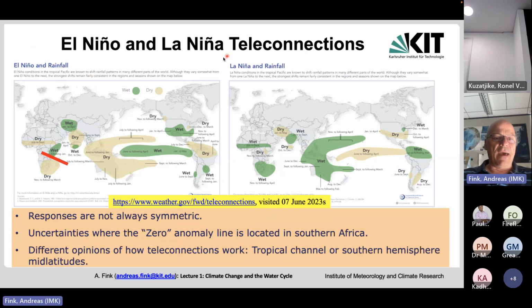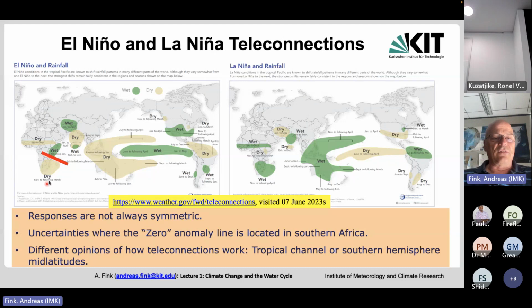This is a map of the typical teleconnections associated with El Nino and La Nina. This is the El Nino and rainfall teleconnection, and that's what I told you in winter here. Our winter, your summer, I have to be careful. You have drier conditions, you have wetter conditions here. And what I'm indicating is a so-called zero line.